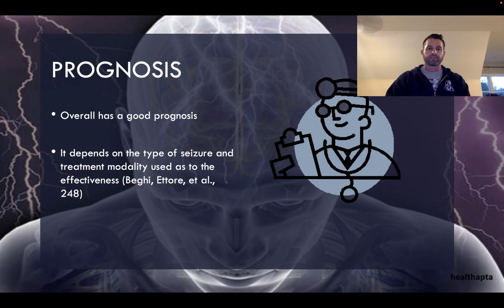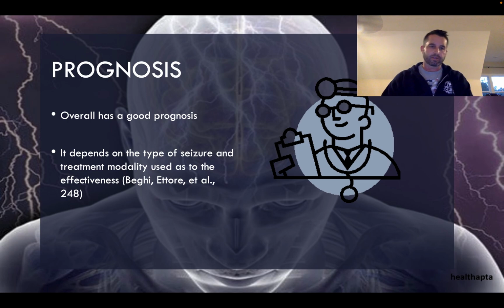So the prognosis for epilepsy, once you've been properly diagnosed and are being treated with the medication, is a good prognosis overall. Again, it all depends on which type you have, what treatment you're going to be using, and the actual effectiveness of that treatment.